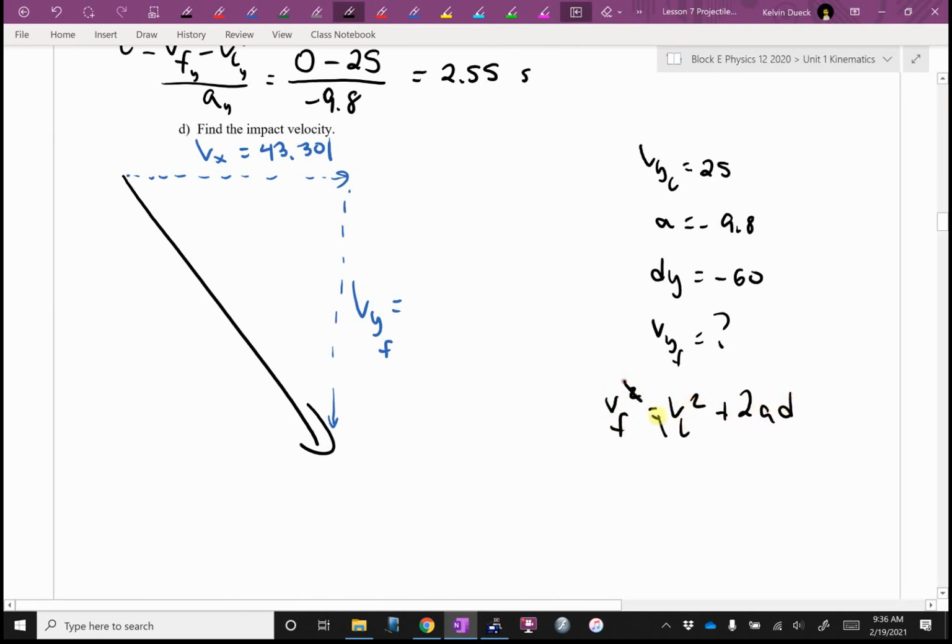And to get rid of the squared, I'll just end up square rooting my right-hand side once I'm done. So Vy final is going to be the square root of 25 squared plus 2 times negative 9.8 times negative 60.